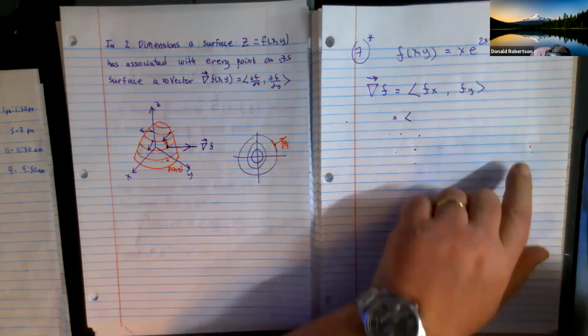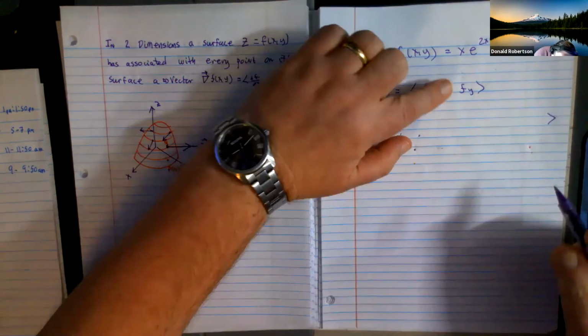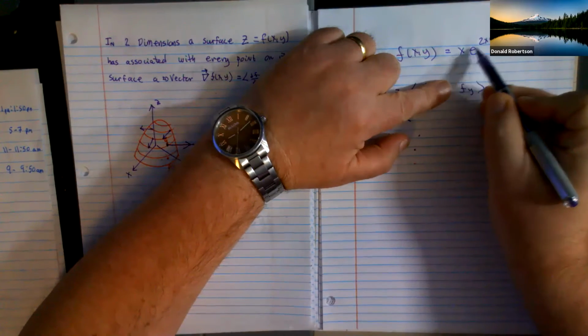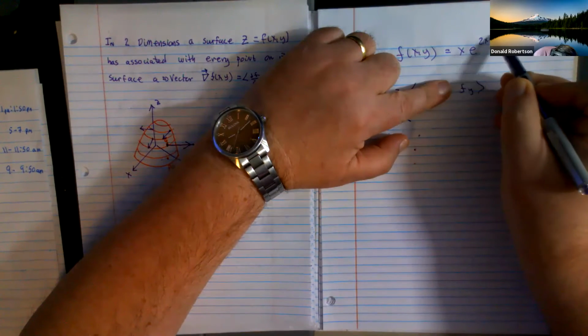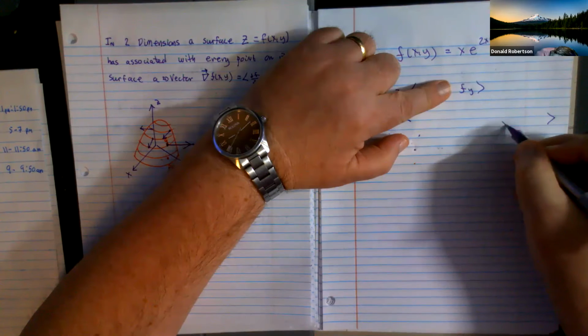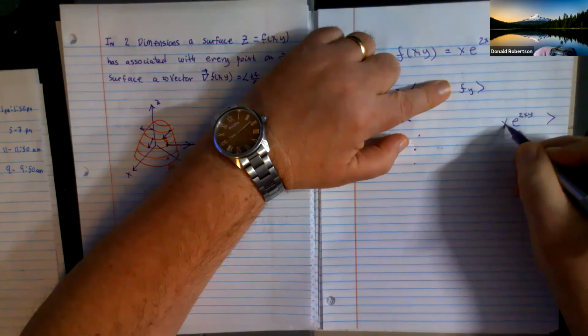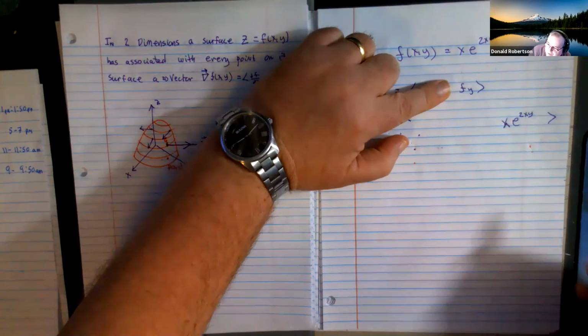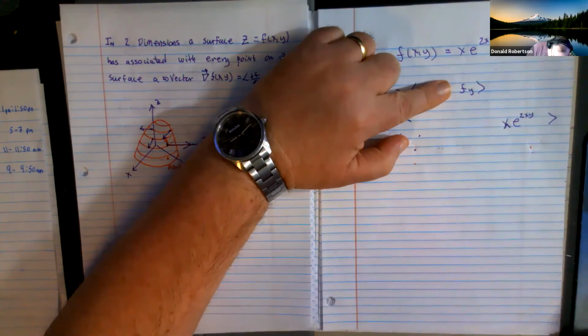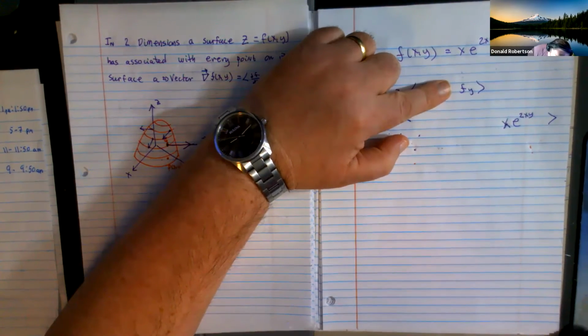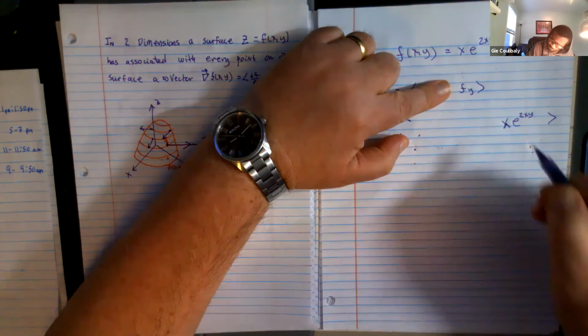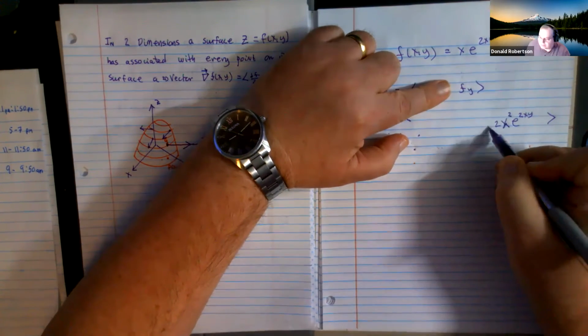So let's do this one first. If you differentiate this fella with respect to y, you will get e to the 2xy times something else. Won't you get something extra? What extra will you get? 2x. So are you all happy about where the 2x squared came from?